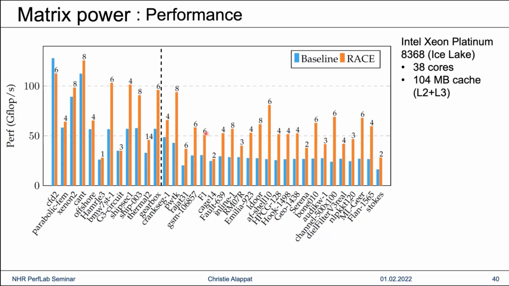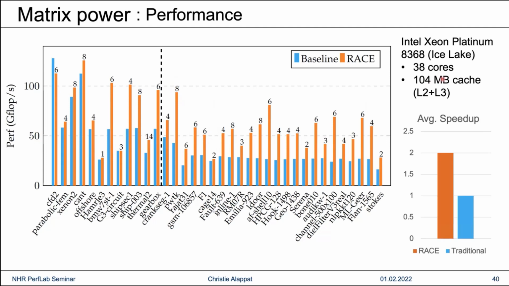So for this F1 matrix, we need to perform the computation of A raised to 6 times x to reach 50 gigaflops per second. And on average on this Ice Lake socket, we attain an average speedup of 2x for these large matrices.